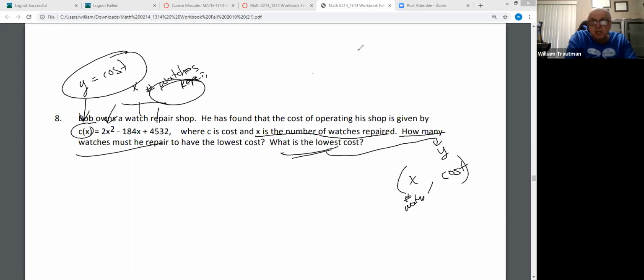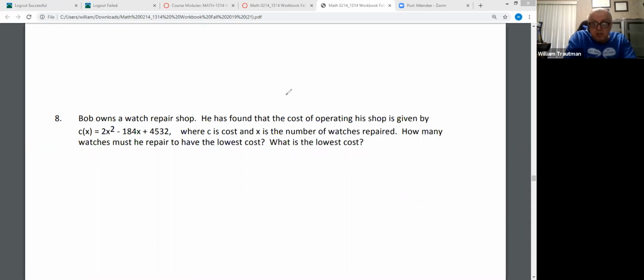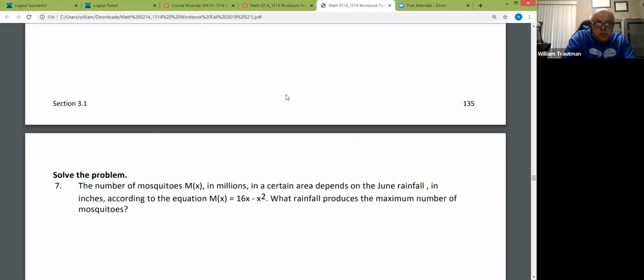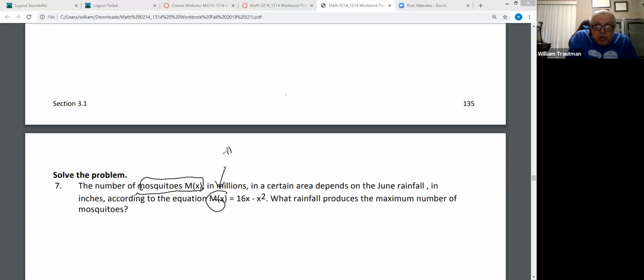Okay, let's look at number 7. This function starts with an M. Mosquitoes is the M. The number of mosquitoes is the Y value. The X value, it says, is the rainfall in June, and rainfall is in inches.